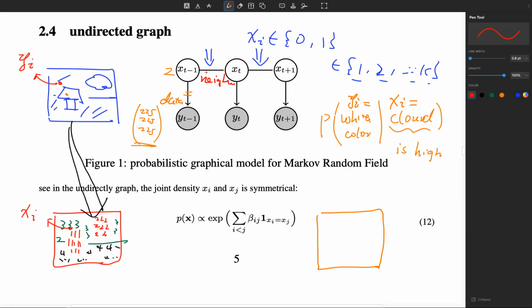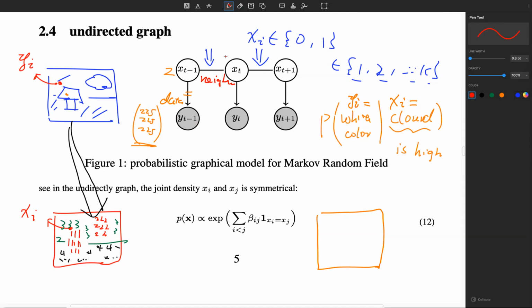Which one actually has higher energy? We'll put it that way. Okay, all right. So you can see that this direction between neighbors, there are no arrows. When there are no arrows, it means there's not a single direction in which you can specify your conditional density.